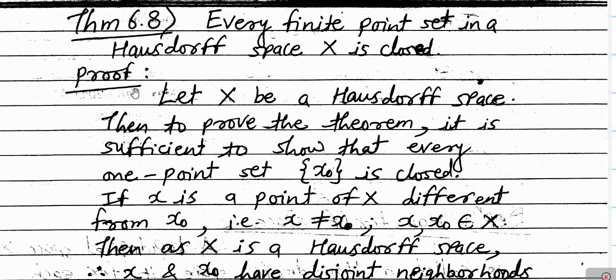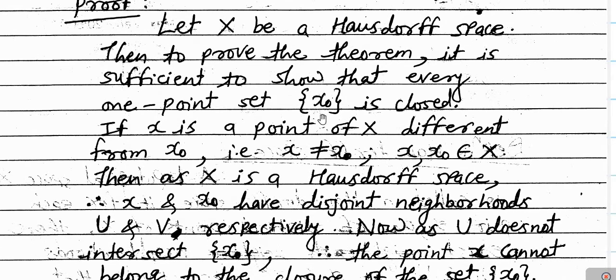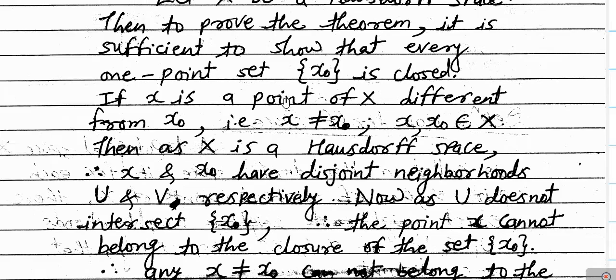Proof: let X be a Hausdorff space. The definition of the Hausdorff space is known to us. To prove the theorem, it is sufficient to show that every one point set, suppose that the singleton set containing the point x0, is closed. If we are able to show that every singleton set {x0} is closed in the Hausdorff space, then the result follows.